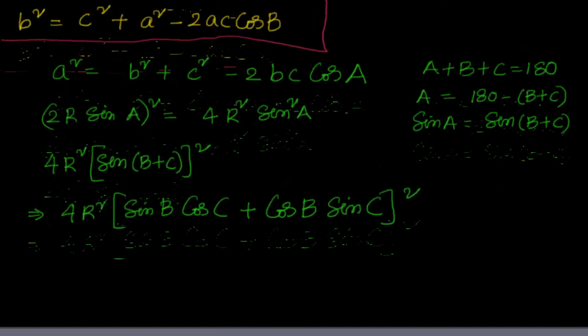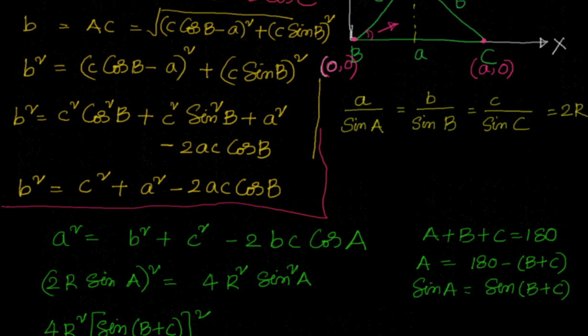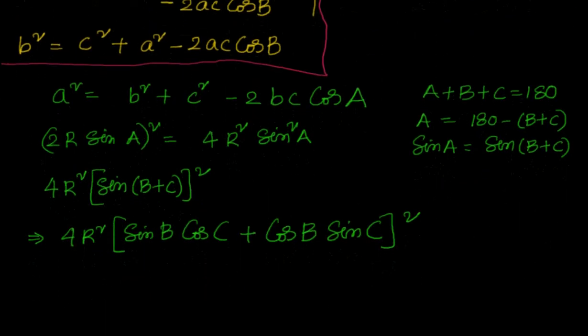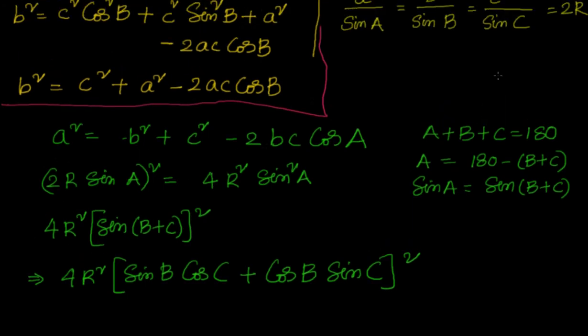Now I should have everything in terms of sines as much as possible, because what I have to prove will have 4r square sine square b, 4r square sine square c. You see here, instead of b, I am writing 2r into sine of capital B. So I should have all as much as possible in sines only.